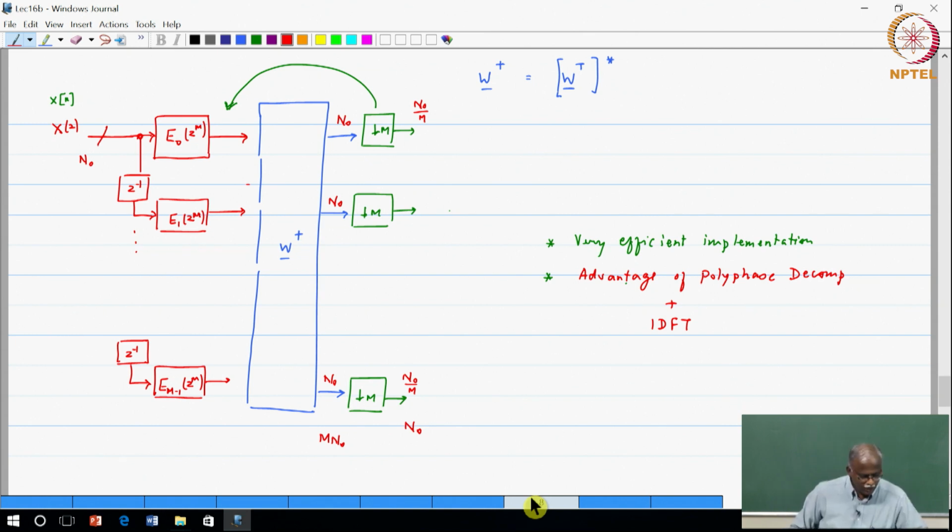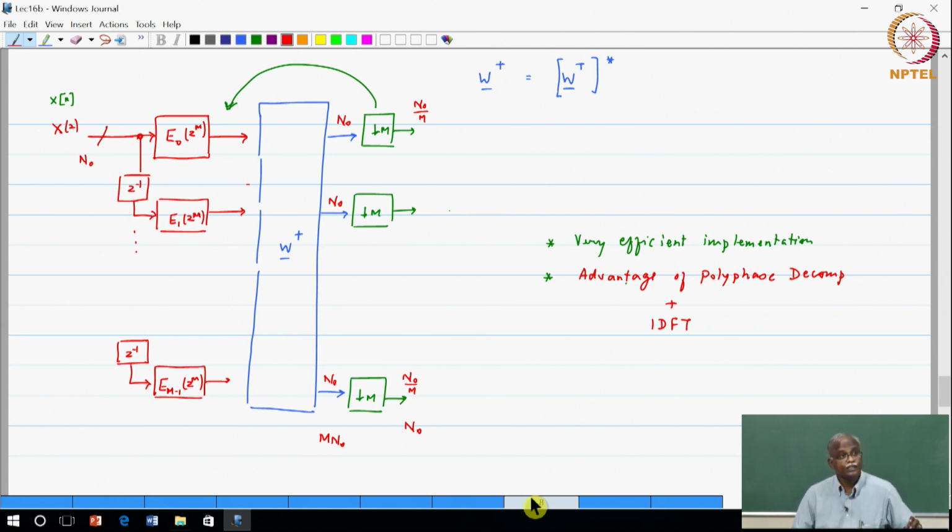Okay, now we need to spend a little bit of time on understanding the properties of the DFT matrix. I would like you to spend some effort on that, and we will quickly touch upon it. I am sure you would probably have looked at it in other contexts, but let me make sure there is an opportunity for us to at least discuss that.